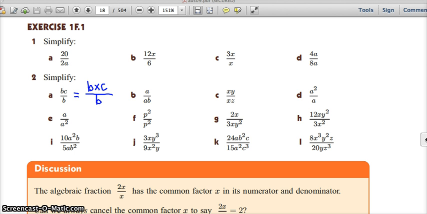Now, think to the good old days before we worked with letters. If you had a fraction like 6 over 6, how could you simplify that? You could simplify it by 1, is what Georgie says. Why would you simplify it as being 1, Georgie? It's a whole number. There's 6 lots of 6.